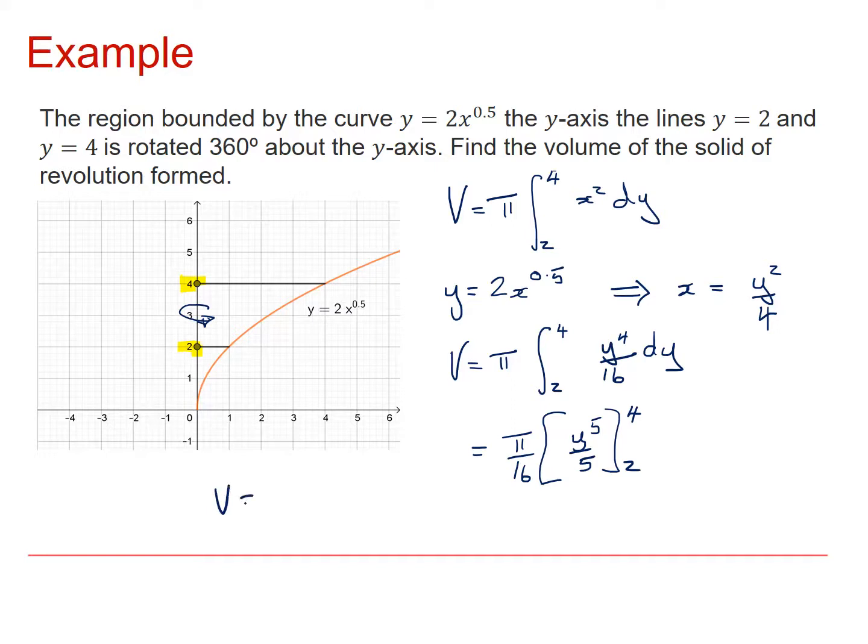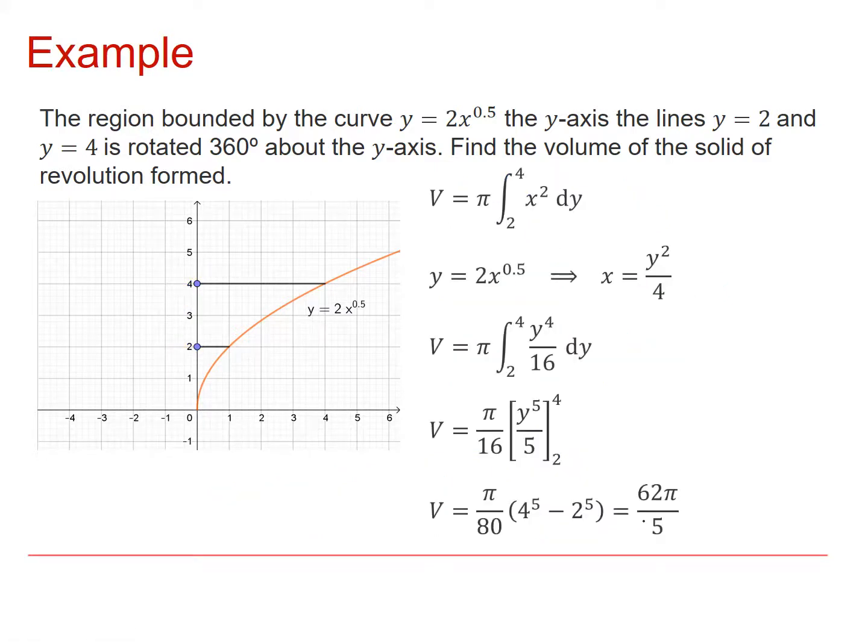So my volume is going to be pi over 80 times 4 to the 5 minus 2 to the 5, and that works out to be 62 pi by 5. And again, there's that worked through for you so you can read it a bit more easily. And there's my final result.